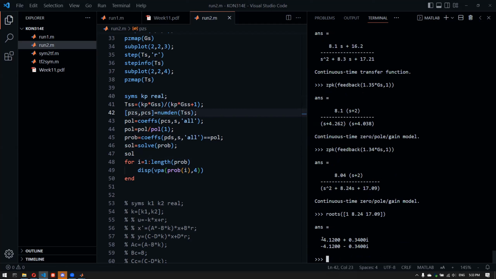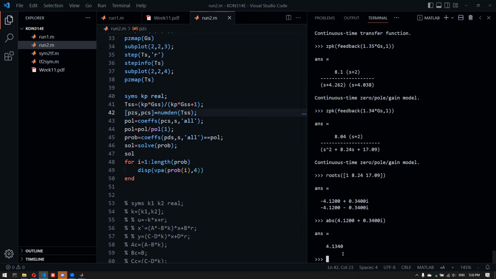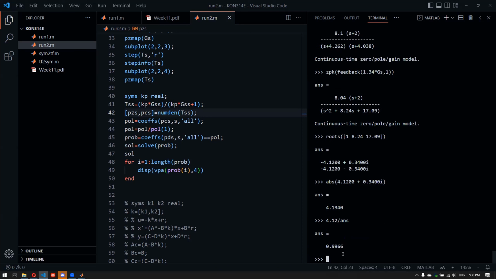Yeah. What is the absolute value of this? What is 4.12 divided by the answer here? 0.9966. The absolute value is 4.134.